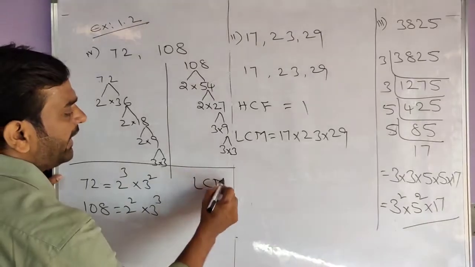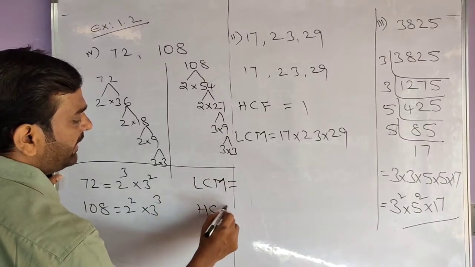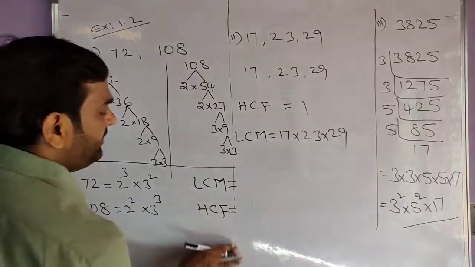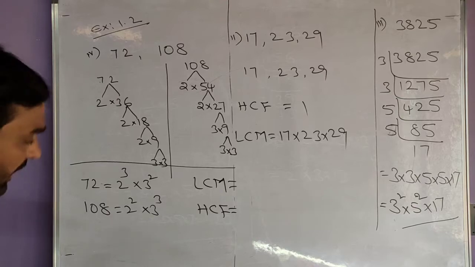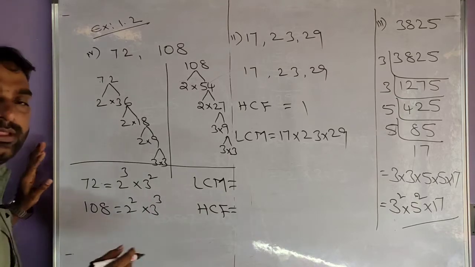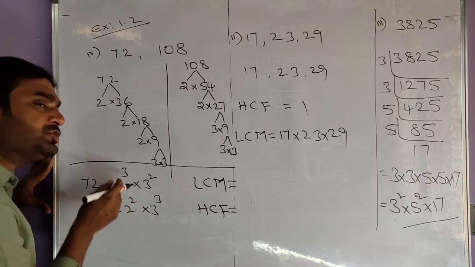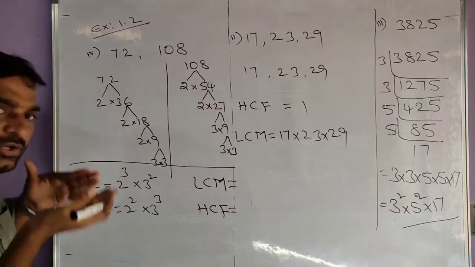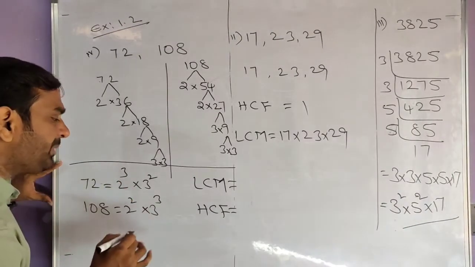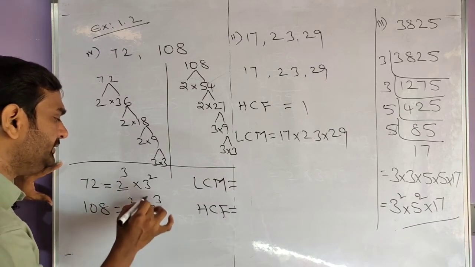Now we need the LCM and HCF of 72 and 108. Listen, for HCF, the prime number should be contained in 72 and 108 also. What are the prime numbers here? 2 and 3.